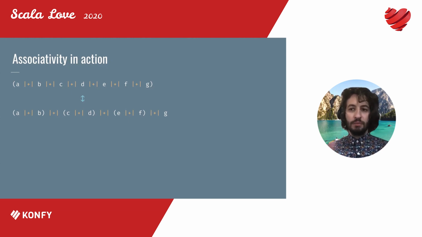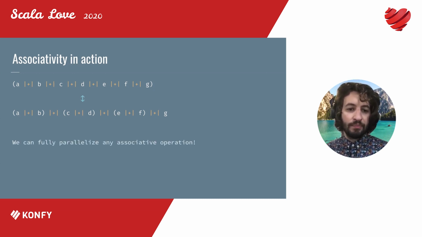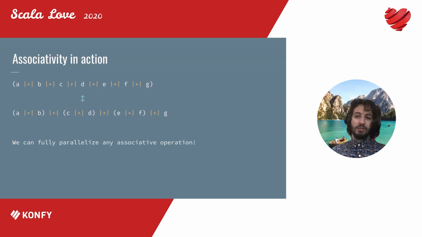Associativity means we can move around these parentheses. So now these things are exactly equivalent, as long as the monoid in question abides by the monoid laws. And that means essentially we can parallelize any associative operation.